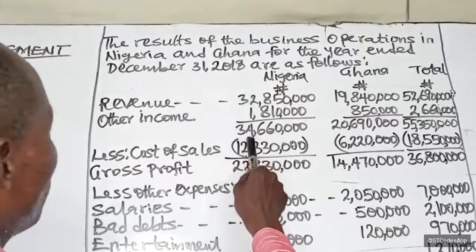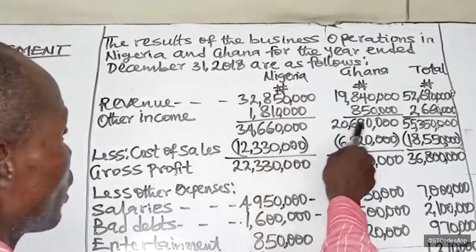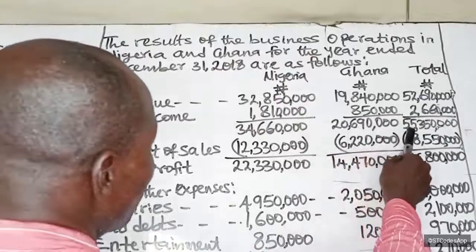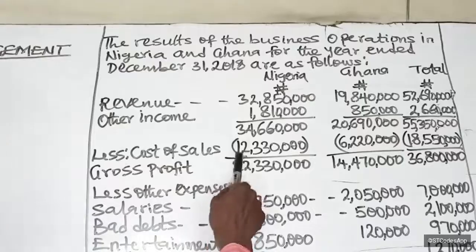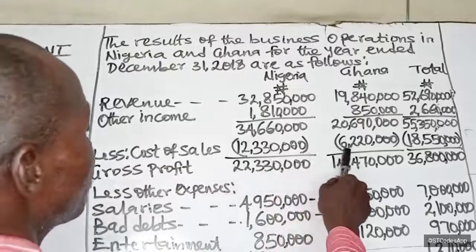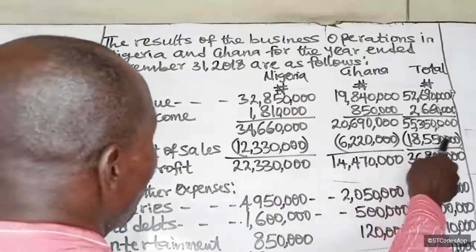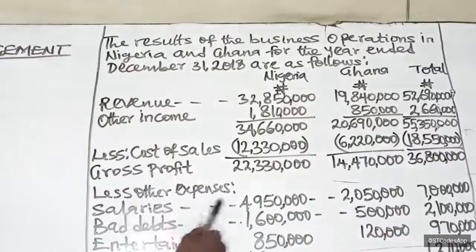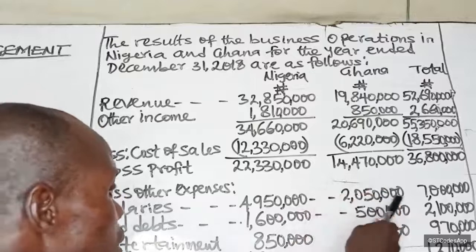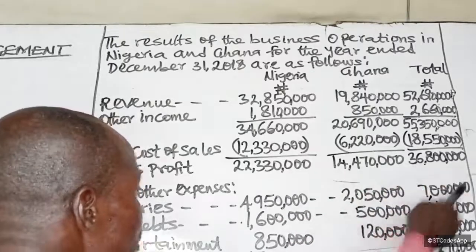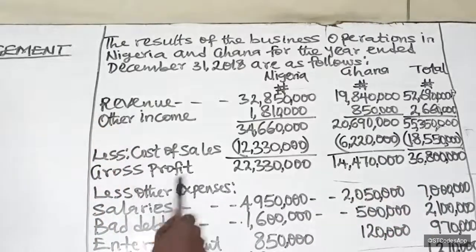We have the total to be 34,660,000, 20,690,000, 55,350,000. Less cost of sales: 12,330,000, 6,220,000, 18,550,000. Gross profit: 22,330,000, 14,470,000, 36.8 million. Less other expenses.